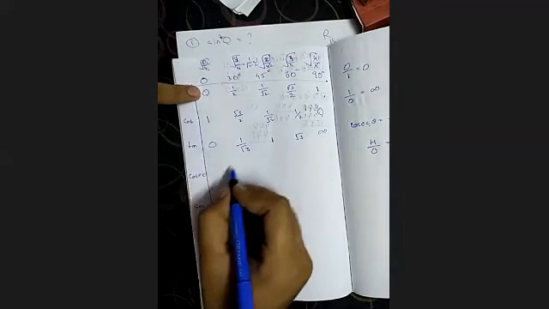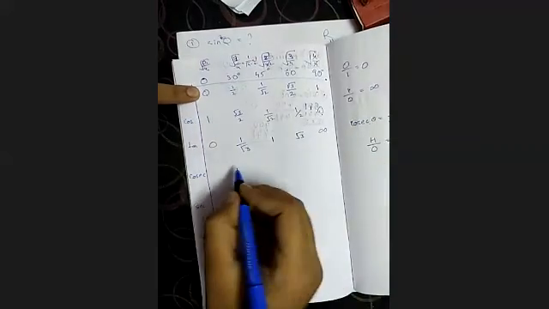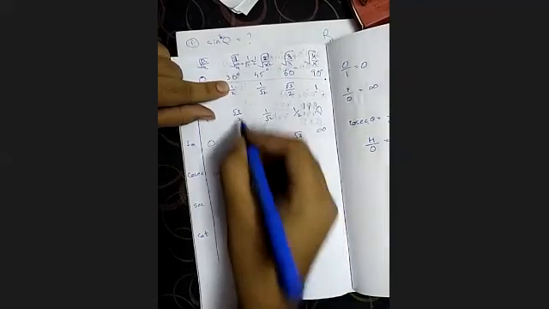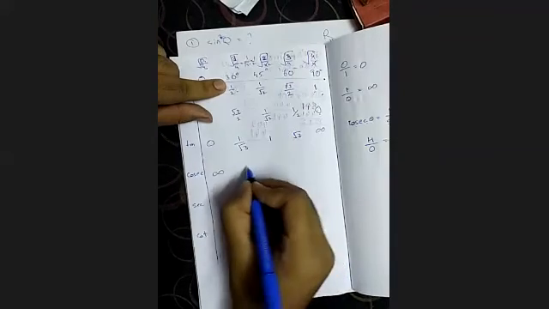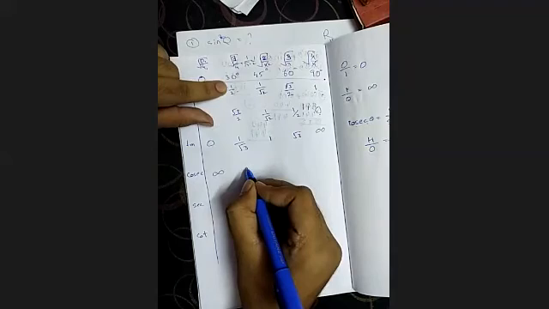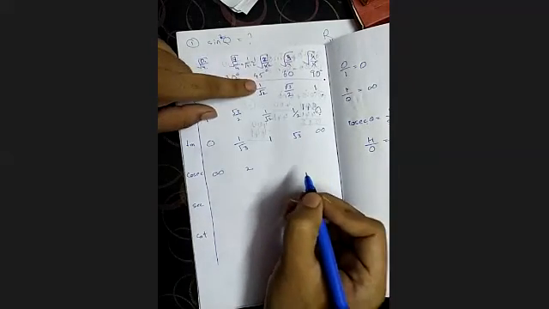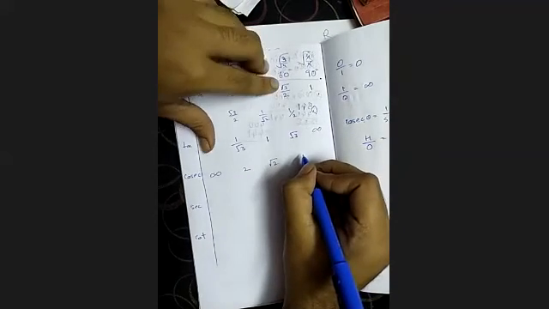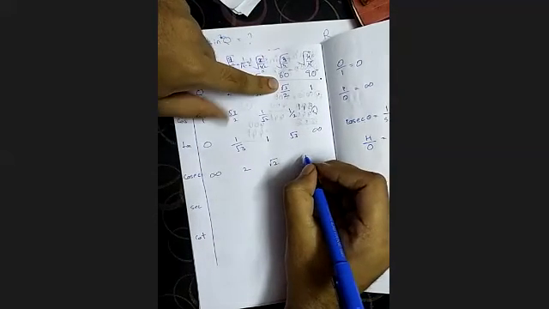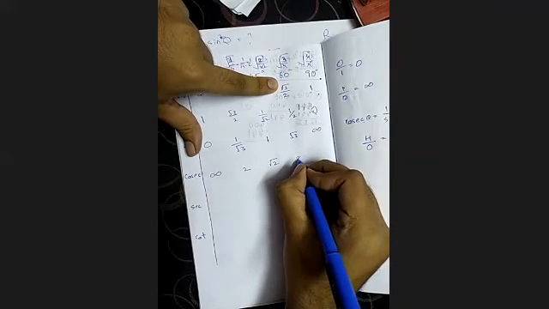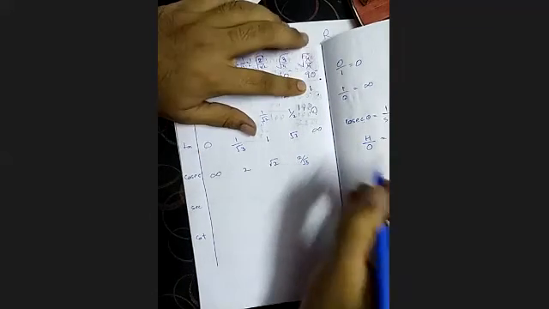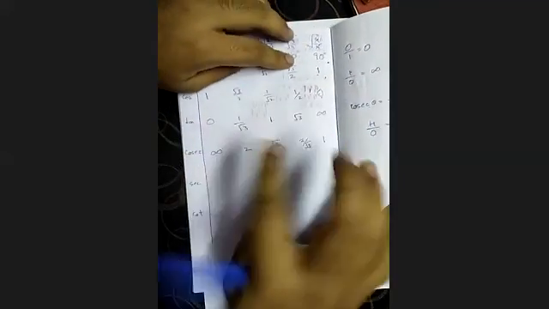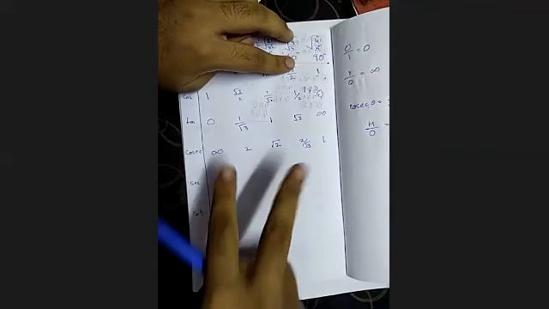It is infinity. Now just reverse it. Find the inverse of 1 by 2, it will be 2. Inverse of 1 by root 2 is root 2. Inverse of root 3 by 2 is 2 by root 3. Inverse of 1 is 1.